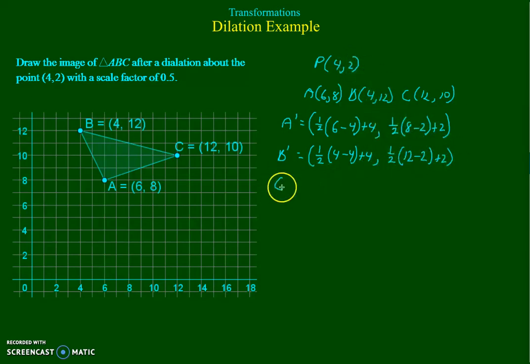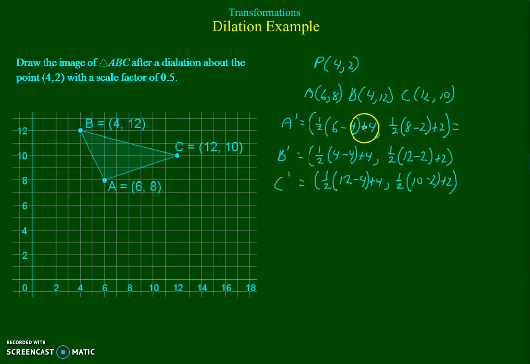And then C prime is 1/2 and we have 12 minus 4 plus 4, 1/2, 10 minus 2 plus 2.